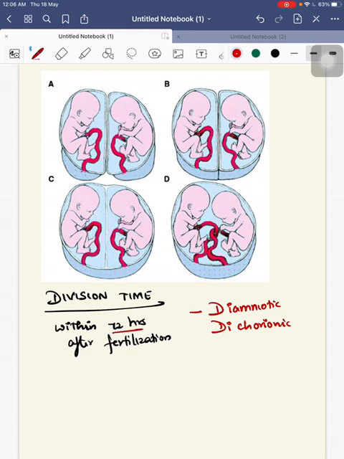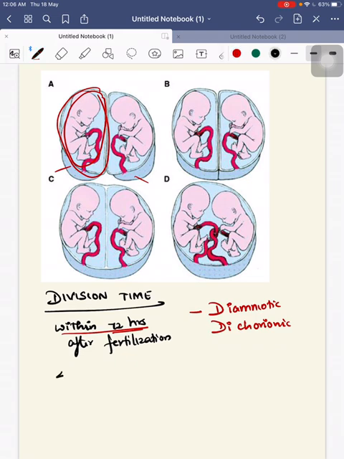As in picture A, they will have two separate placentas, two separate amnion and two separate chorion. So this is called dichorionic and diamniotic.